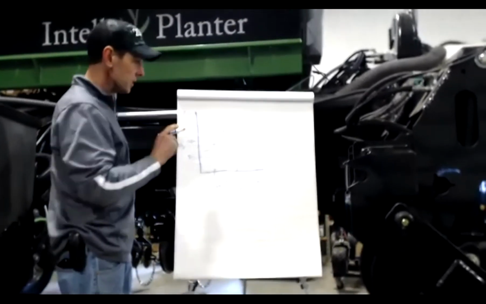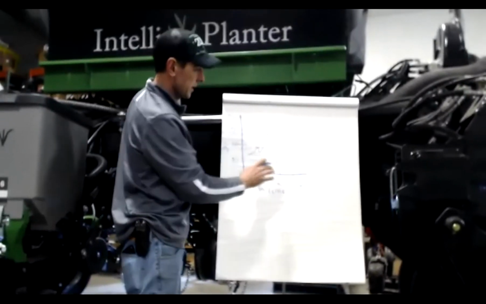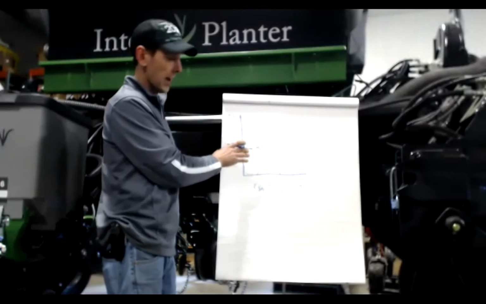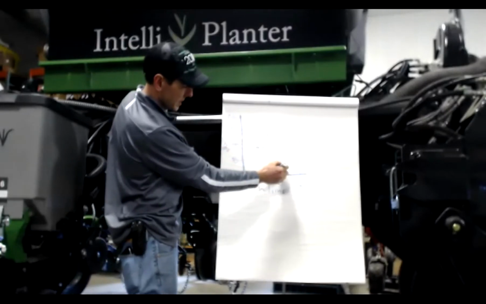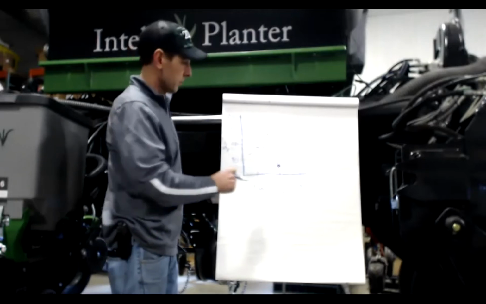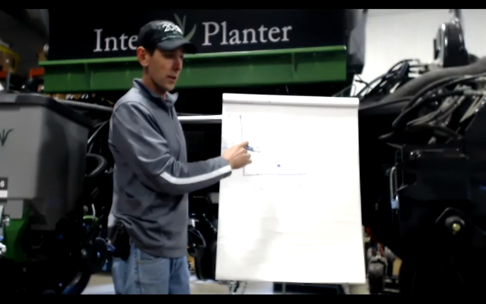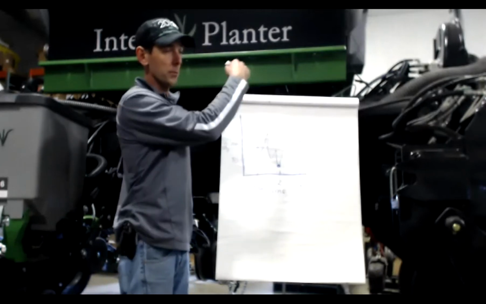Margin is the lowest reading that weight pin has seen in the last 3 seconds. So this number right here is margin. Margin is the lowest number, so everything else is above the margin number.